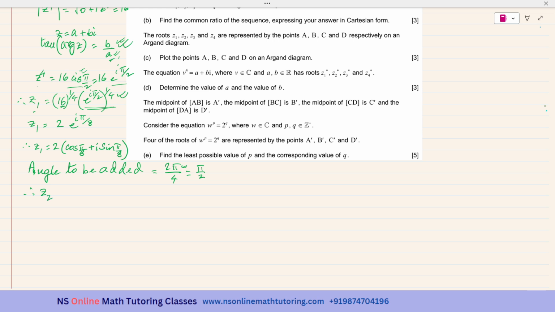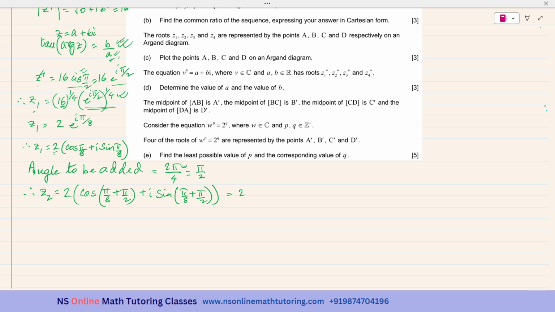z2 should be equal to the modulus, the magnitude has to be the same. The angle will be changing. I'll be adding pi over 2 to pi over 8. So it is cos of pi over 8 plus pi over 2 plus i sin of pi over 8 plus pi over 2. Okay.